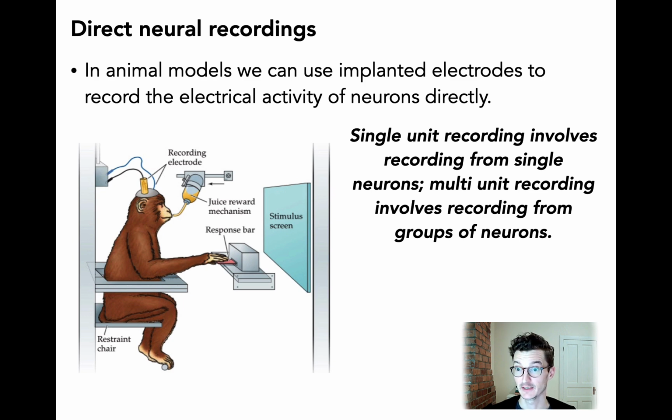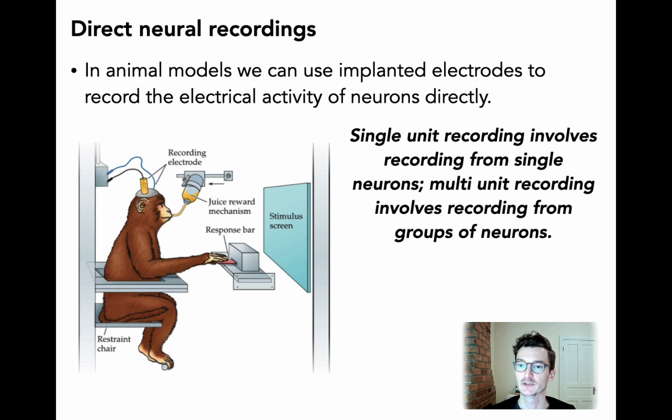Now, this method has some benefits. So because we're recording directly from the brain, the temporal resolution is quite high, almost instantaneous, right? Neurons fire, we immediately record that firing. Spatial resolution is also incredibly good, right?